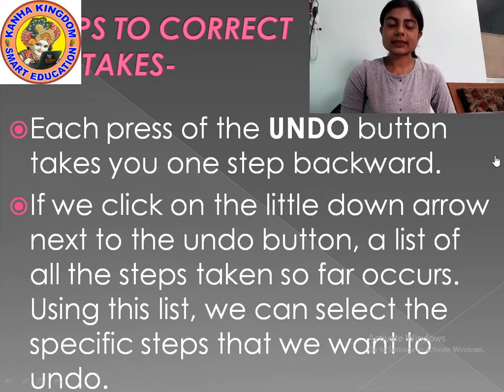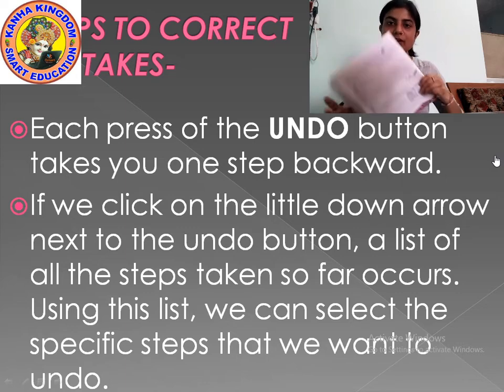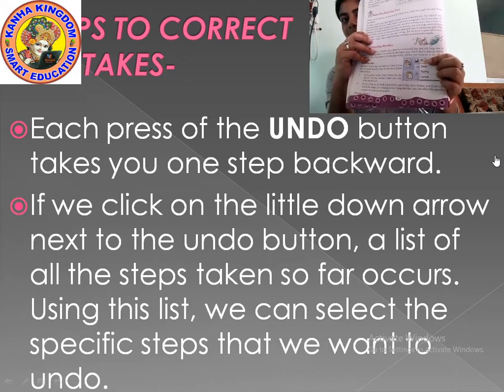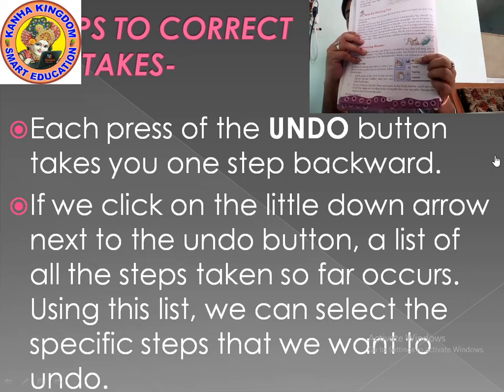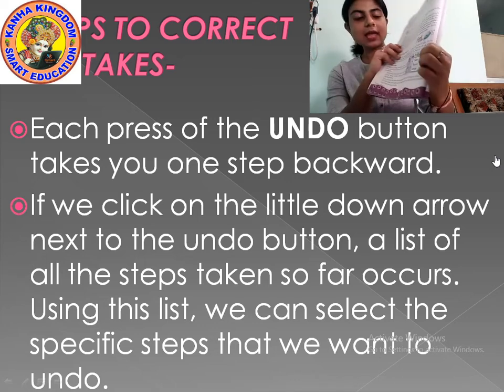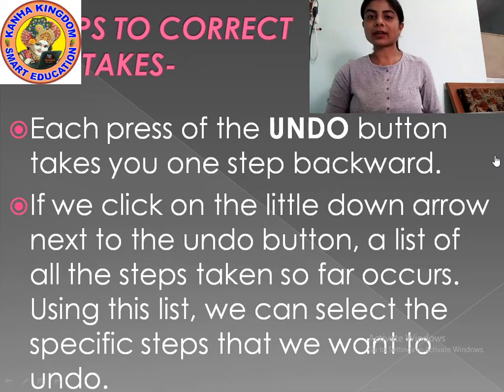If we click on the little down arrow, just now I showed you this arrow. Can you see this one? If you click on this small arrow, here the options are written: clear typing or cancel.